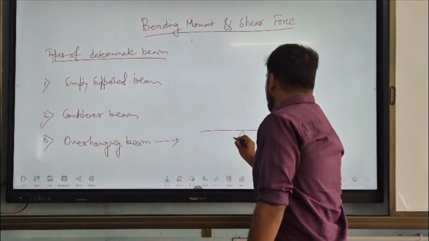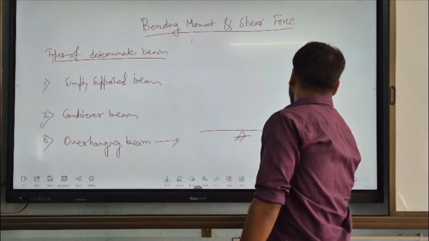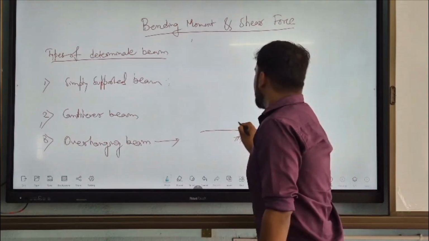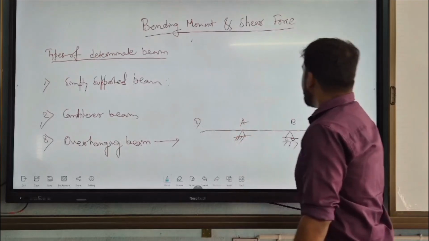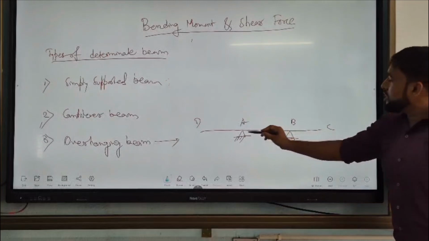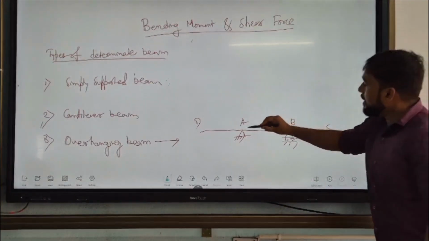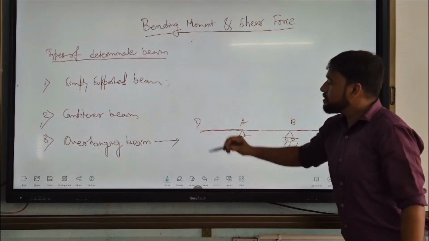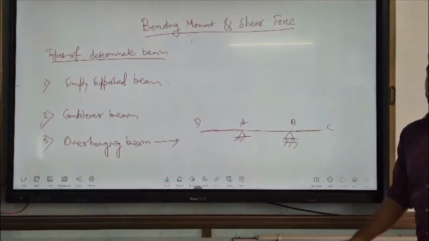Suppose there is a beam and there are rollers at A, B, C, D. Here, AB is a simply supported beam, but the BC part is there and the AD part is there. That means the beam does not end at the end support.